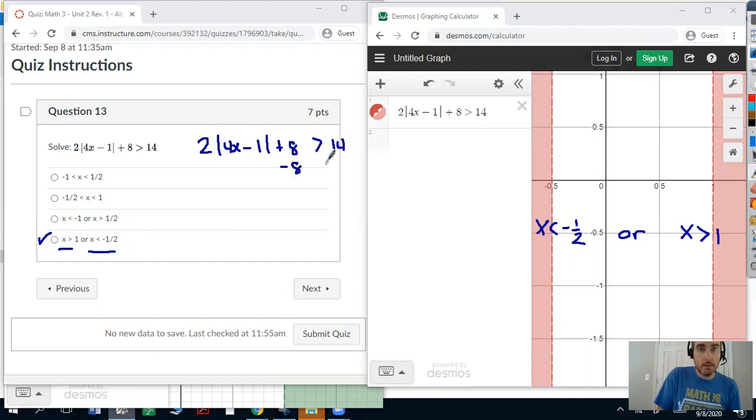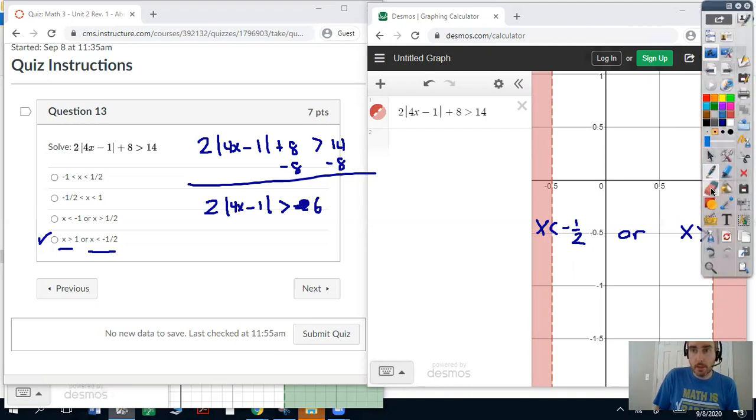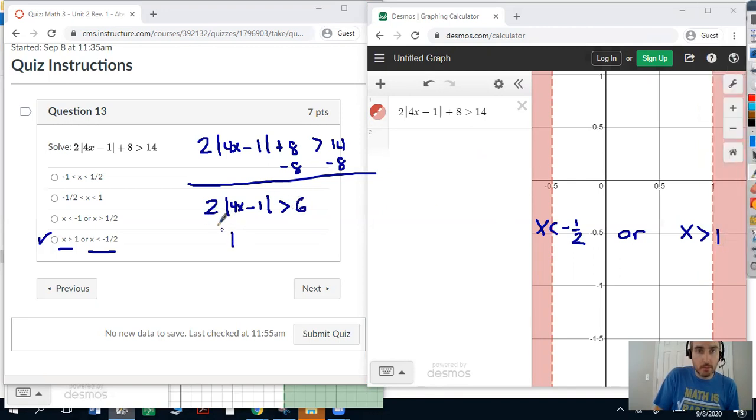Going to take away 8. Oops, that's going to be 6, not negative 22. Erase that there. And then divide by 2. That's 3. And then I do a sandwich inequality.